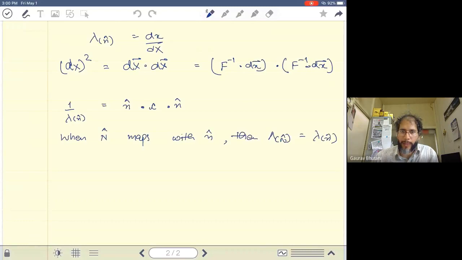When I say maps with, that basically means that the capital N hat goes to small n hat. So in the undeformed configuration, we have a vector in the n hat direction at point P, and if that vector goes in the deformed configuration to small n hat at point small p, then we say that capital lambda capital N hat is equal to small lambda small n hat.